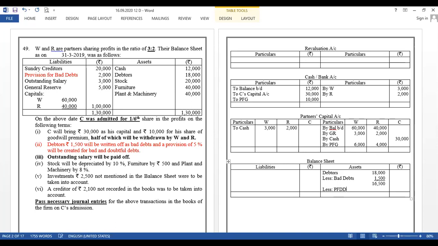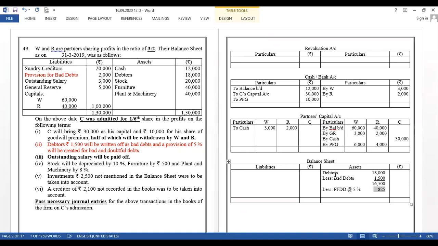Provision for doubtful debts. How much is the provision? Provision is to be created at the rate of 5%. Let me write there, provision at the rate of 5%. 5% of 16,500 is 825.